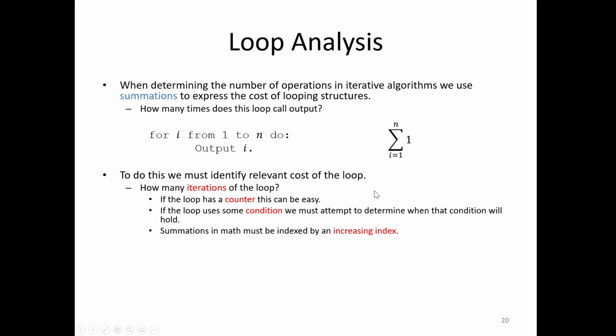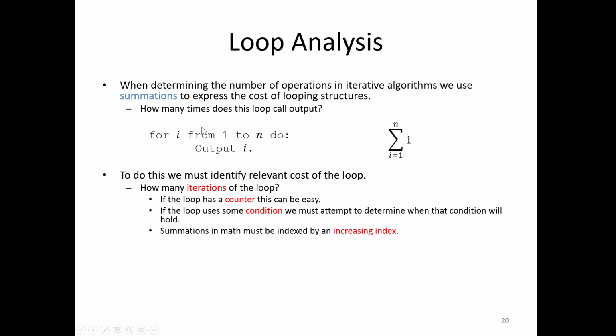There are a few maybe important things to remember about summations in mathematics. One is that we always increase the index I, or the index that we're summing over, and we always do it by 1, which is something that we are not restricted to in for loops, or in looping in general.